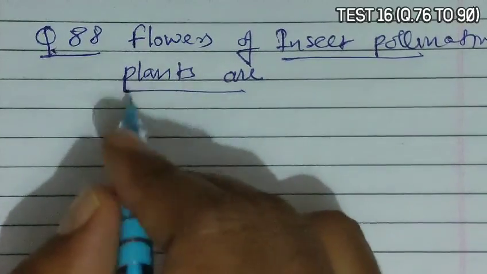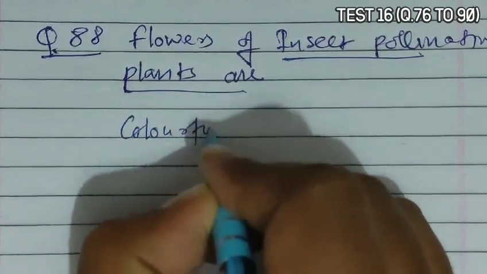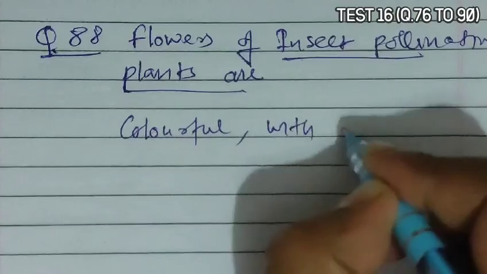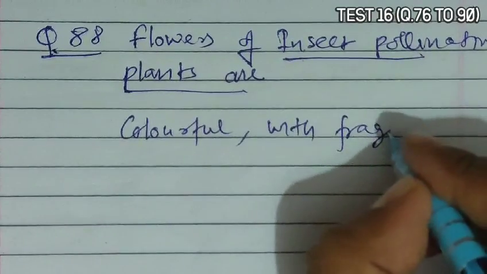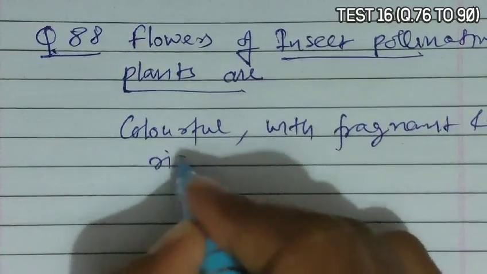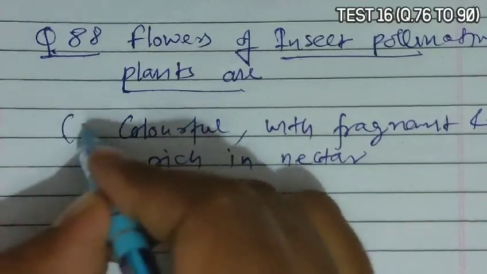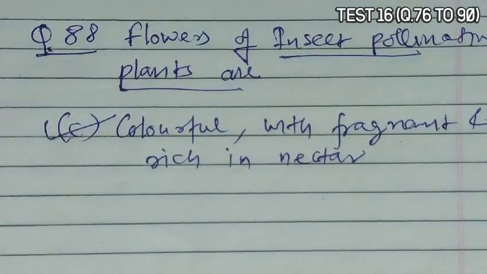So the flowers of insect pollinated plants are colorful, fragrant and rich in nectar. So C is the correct answer.